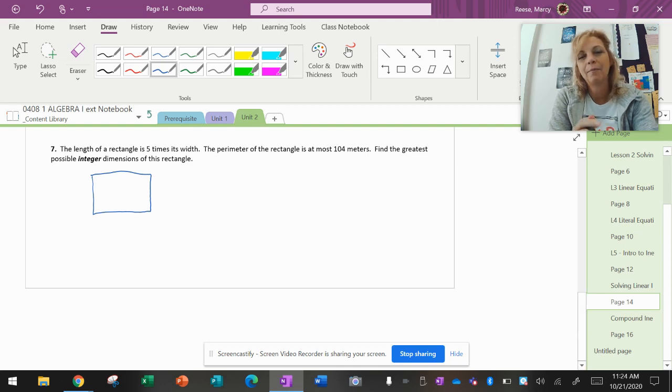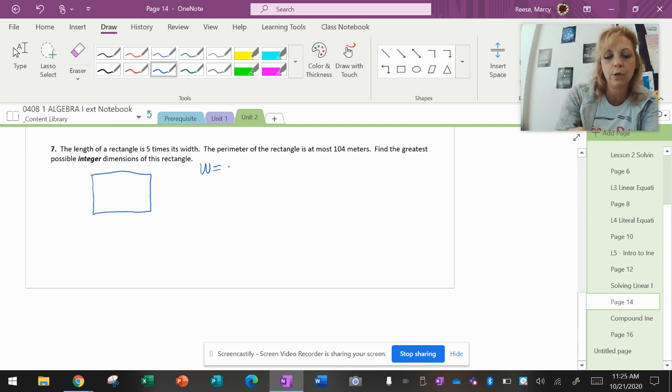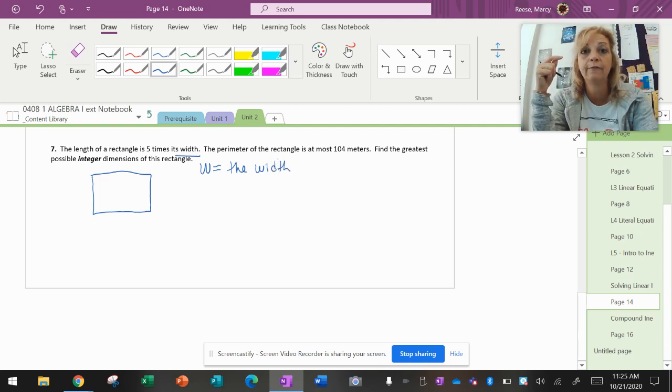When it says length of a rectangle is compared to the width, you have to say that the width is what you start. So let W equal the width. Whatever they say second is what you define first. So they said length and they compared to width. Width has to be defined first.